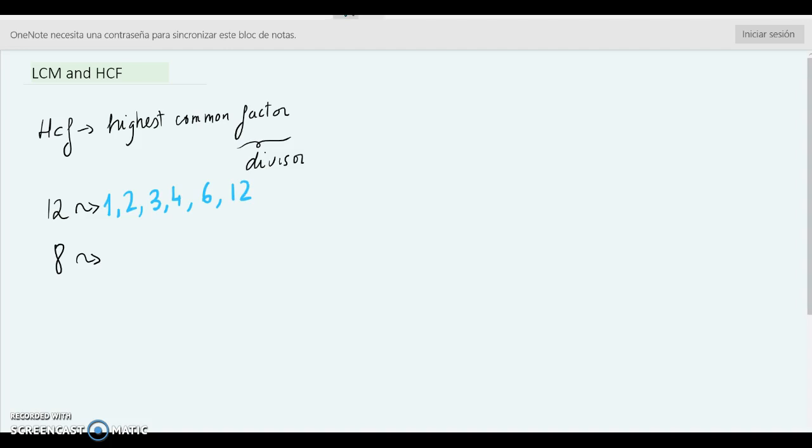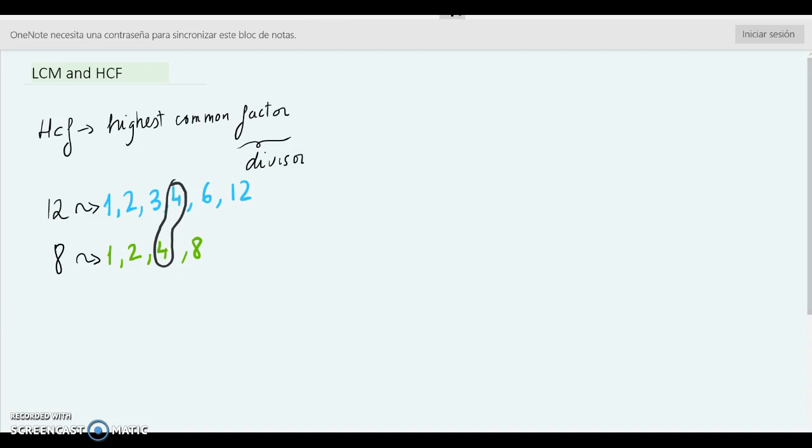And for 8 it is 1, 2, 4, and 8. So the biggest common divisor, as you can see, is 4.